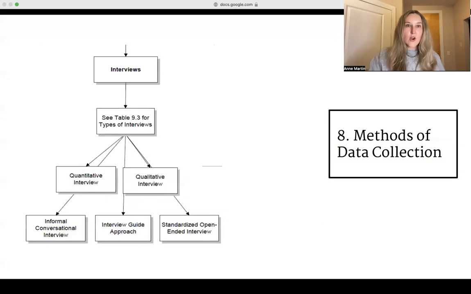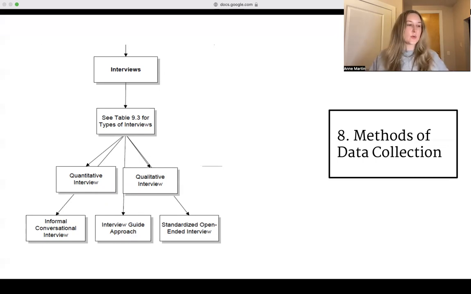So within those interviews, like I mentioned, the text talks about what the characteristics of a quantitative interview are versus a qualitative interview. For a quantitative interview, the text basically says it's like giving a questionnaire, but orally.